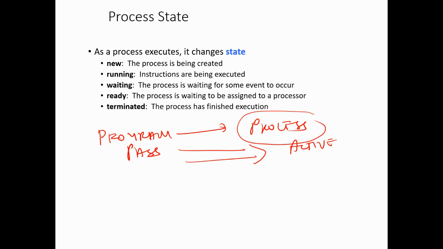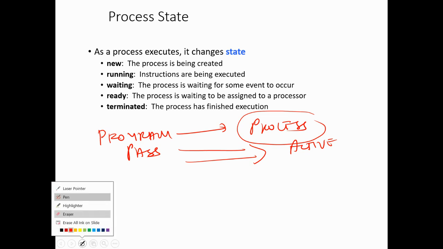When the process starts executing, it will change its state, because the process will not remain in one single state. So now we're going to see what states it changes through. We need to know these in advance, so that once we know how the process gets executed and how the states change, it's going to be very simple for us. Let's see those.